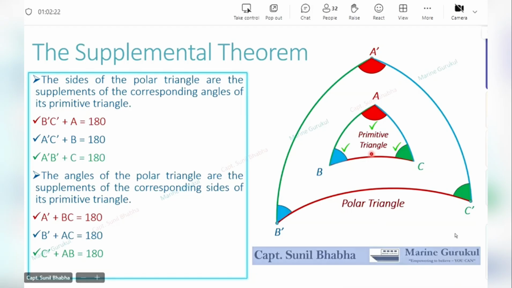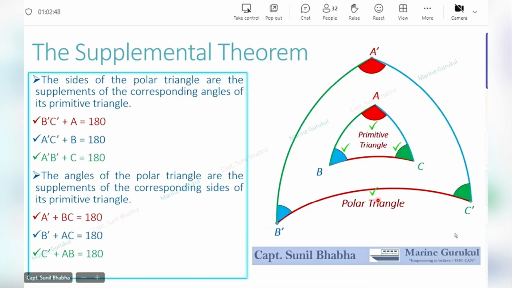Now we are aware that angle A of the primitive triangle plus side B'C' of the polar triangle, these are corresponding parts, add up to 180 degrees. So if we know angle A of the primitive triangle, 180 minus angle A gives us side B'C' of the polar triangle.